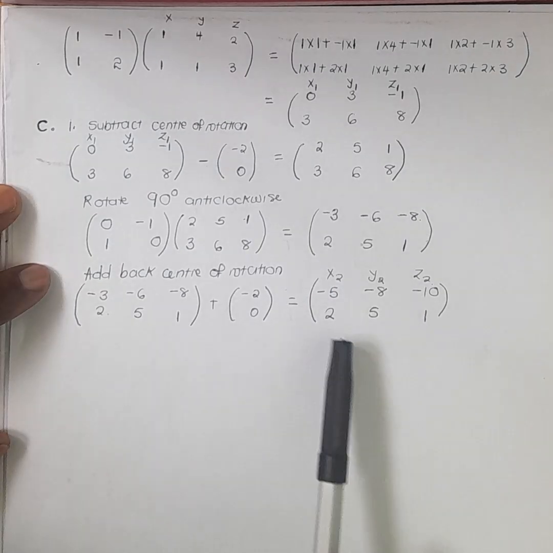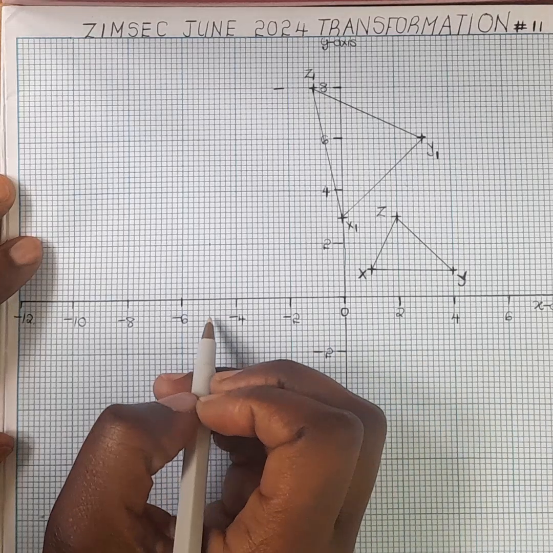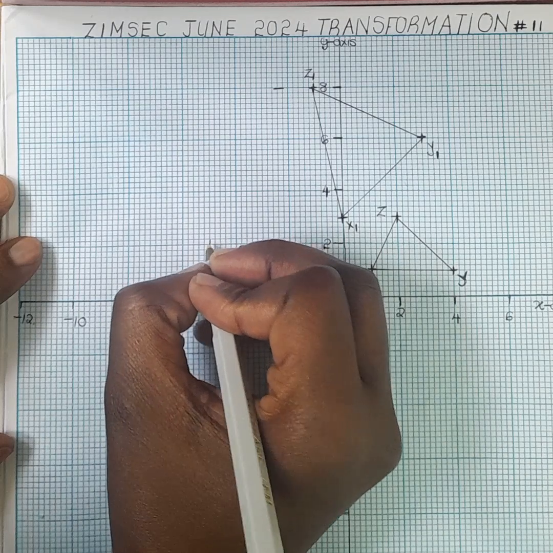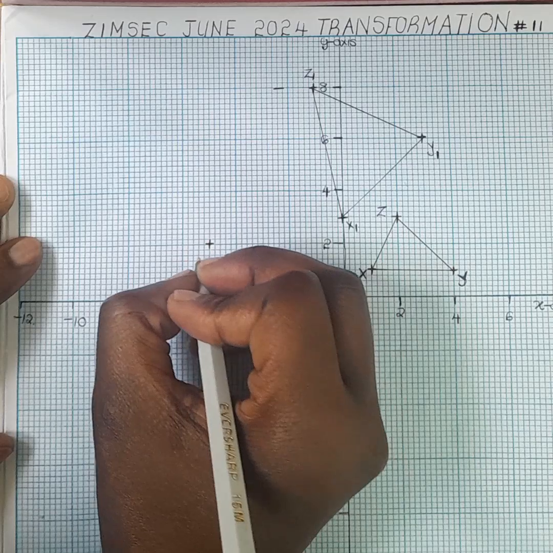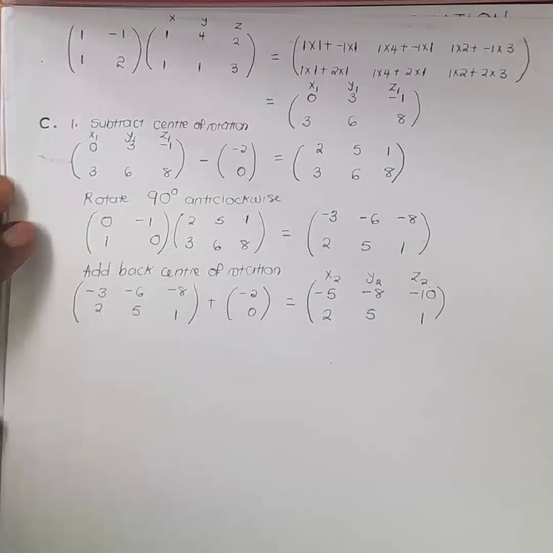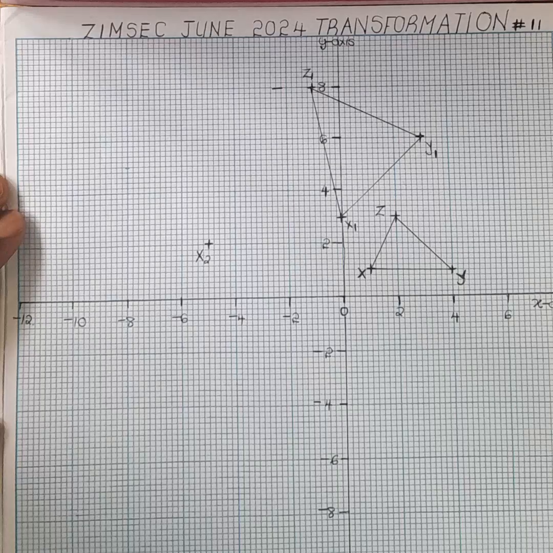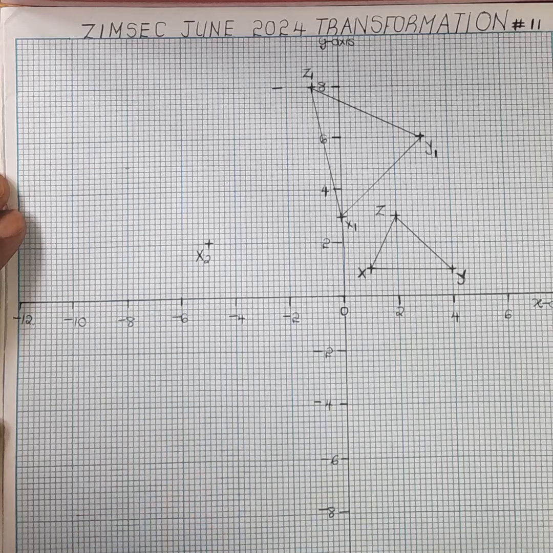For our x2, we have minus 5 and 2. So minus 5 in the x-axis and 2 in the y-axis, it is going to be this point. We label this point x2. Next, we have minus 8, 5. It is minus 8 in the x-axis and 5 in the y-axis.